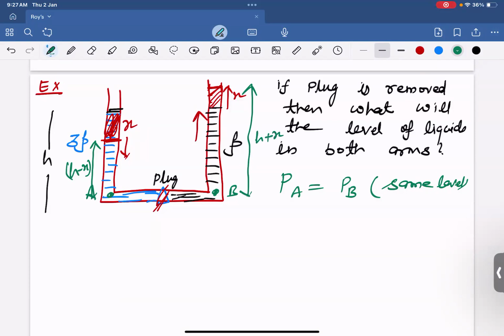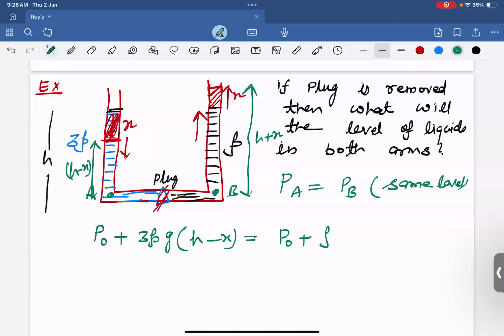So pressure at A will be atmospheric pressure plus density 3 rho into g, and height H minus X. Whereas at B also atmospheric pressure is there.